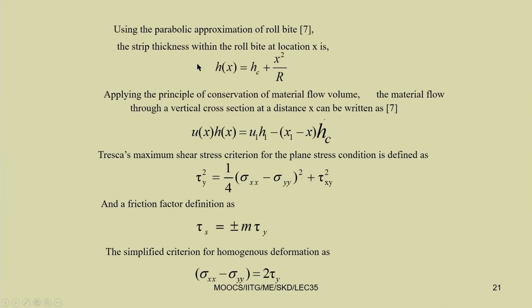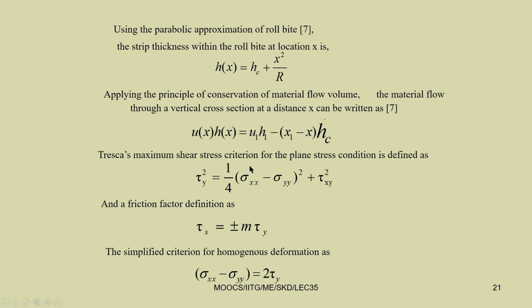The strip thickness within the roll bite at a location x can be written as h x equal to h c plus x square by r. Applying the principle of conservation of material flow volume, the material flow through a vertical cross section at a distance x can be written as u x h x equal to u1 h1 minus x1 minus x into h c.